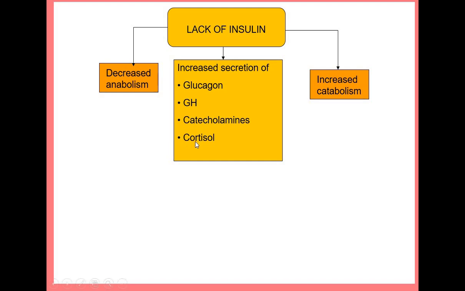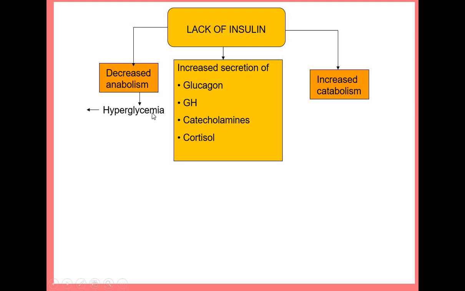And finally cortisol, a glucocorticoid, is released from the adrenal cortex. Because these all produce hyperglycemia, they are referred to as diabetogenic hormones. Okay. So overall the effect is hyperglycemia. We have understood this terminology. You just divide these words and you will definitely be able to understand it.